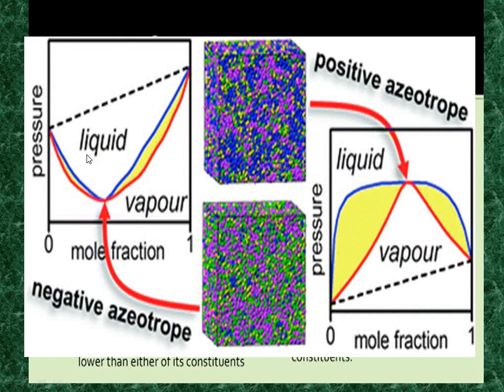This is the mole fraction from 0 to 1 of the component, and this shows the liquid and then the vapor. This is a composition, and this is a composition for this point. This is a positive deviation, meaning an azeotropic mixture. This is also an azeotropic mixture. One is for maximum deviation, one is for minimum deviation: maximum for negative deviation and minimum for positive deviation.